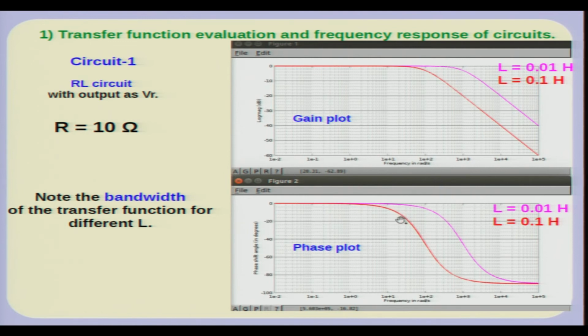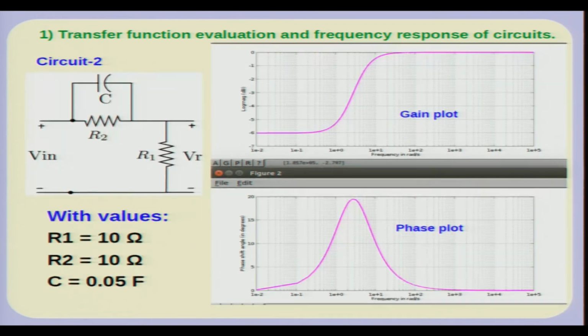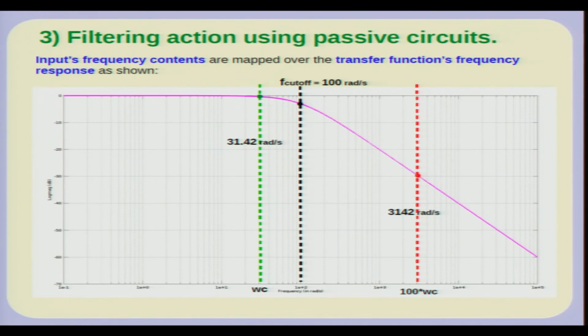We missed out showing you the phase plot, but you can see a similar figure in the similar situation here, you can get a phase shift. That of course depends on the frequency. So there is going to be a phase shift around 31.42, which is not shown here, but you can imagine or you can plot it and confirm this.